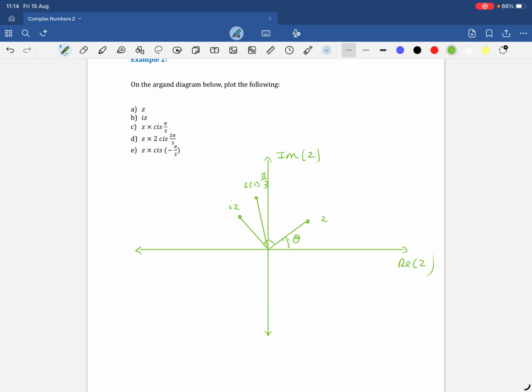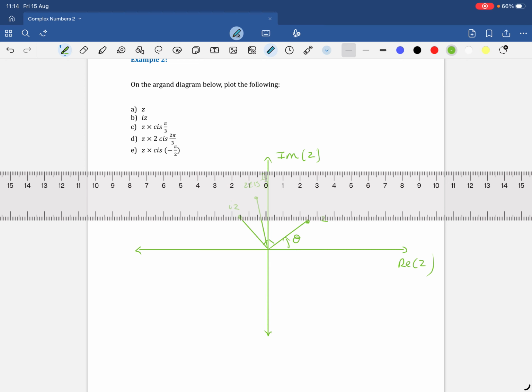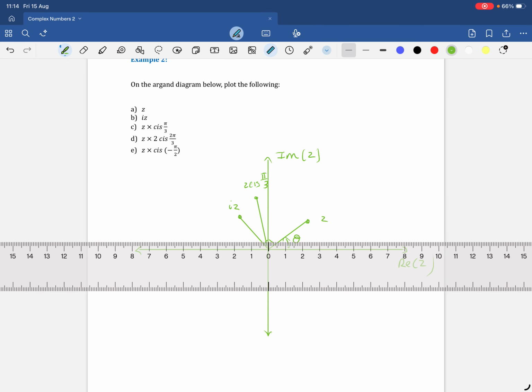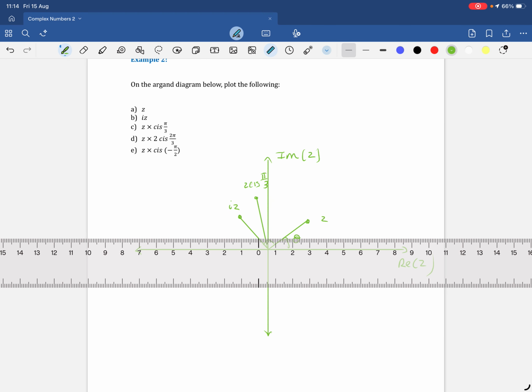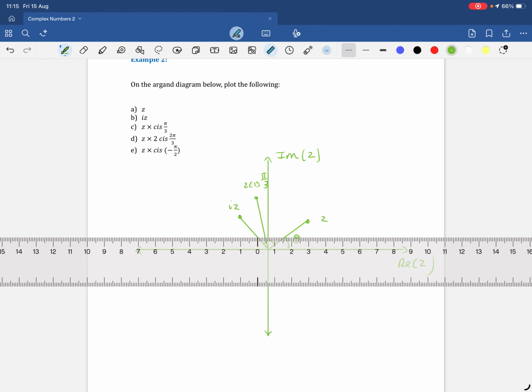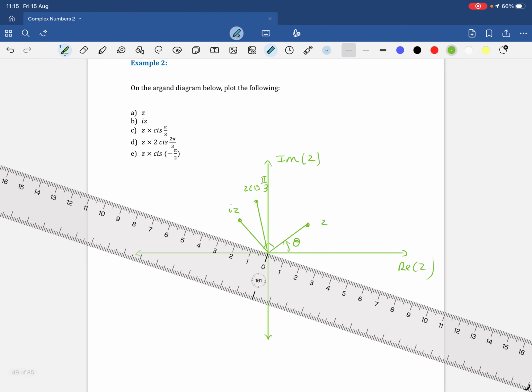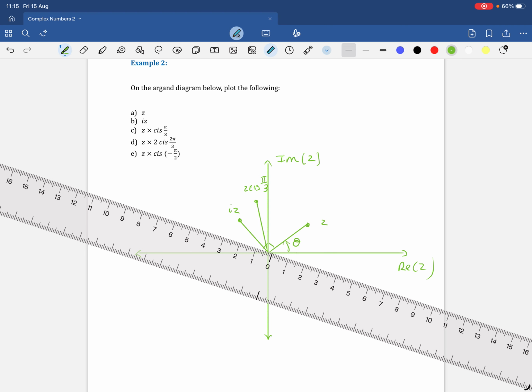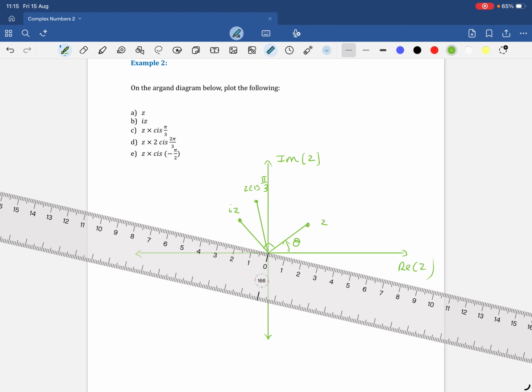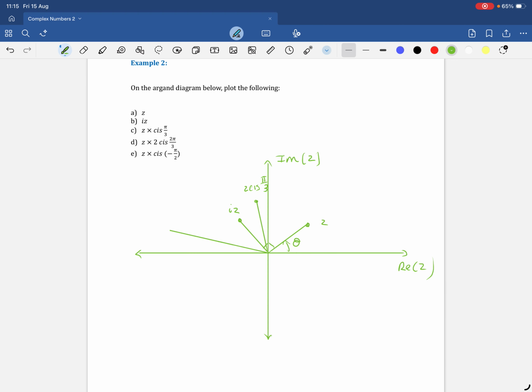Now this next one, we're rotating it not only by 2 pi on 3, which is 120 degrees, but we're also doubling its modulus. So it's going to be potentially over here, adding 120 degrees, but it's also going to be double the length. So we had it as 3 centimeters, so it's going to be 6 centimeters long now.